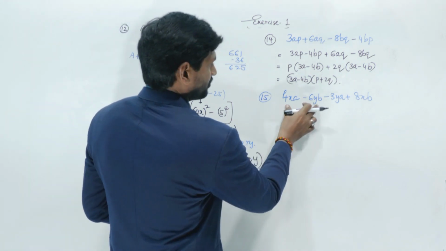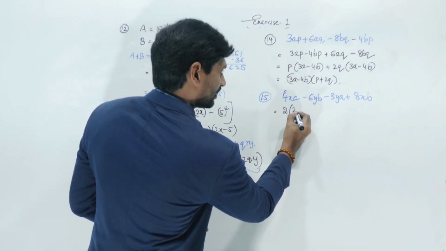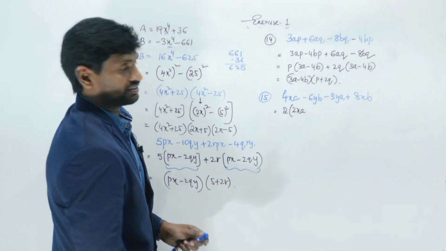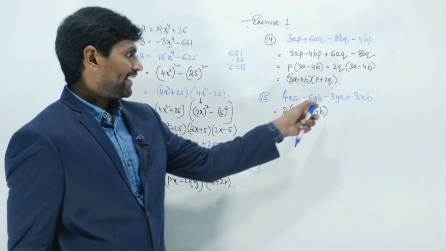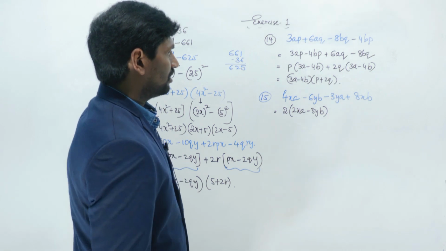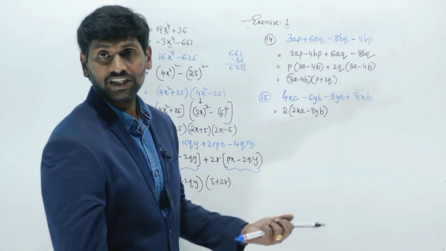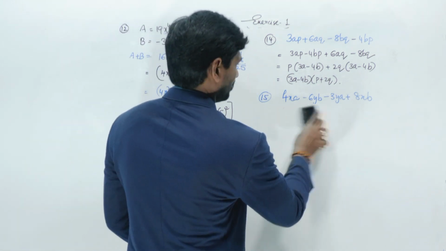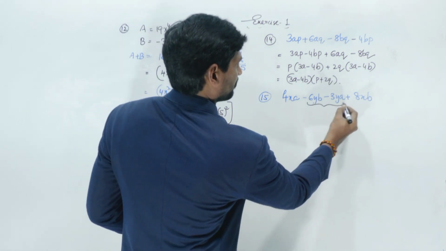From first two terms, 2 is common. So I can take 2, then what is remaining? 2xa is remaining. Here 3yb is remaining. Next two terms, I think there is no common factor. So let us try to interchange the terms. Okay? So these two terms together, first and last term together.